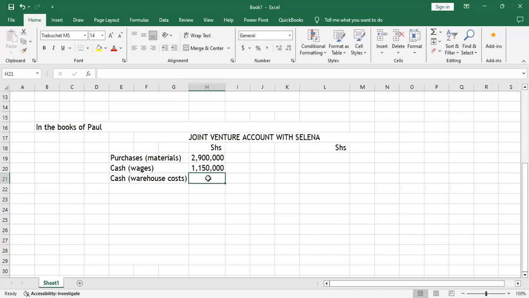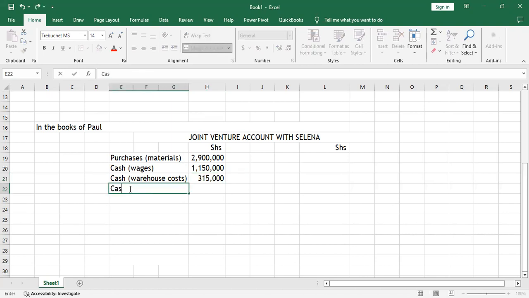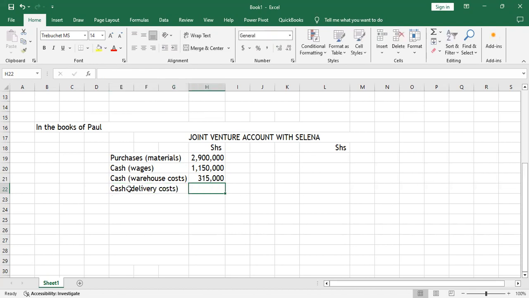Warehouse costs 315,000. Then we also have the delivery costs, still cash, that is 199,000.